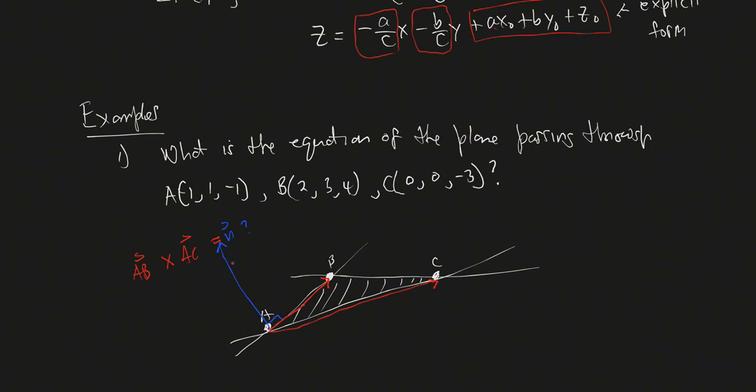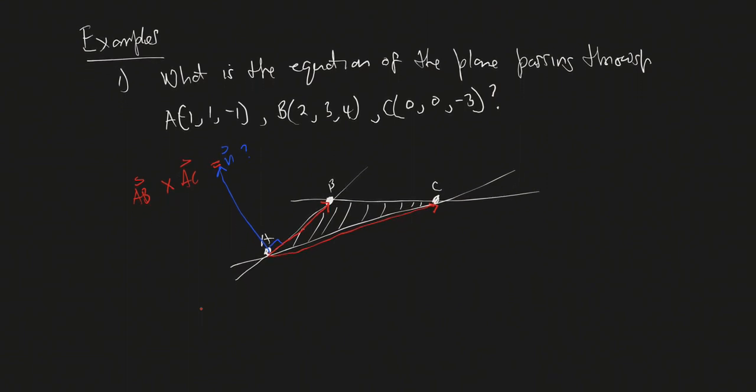And then that will give me my N. So this question has a few key steps. Let's go through and first find the components of the vectors AB and AC.